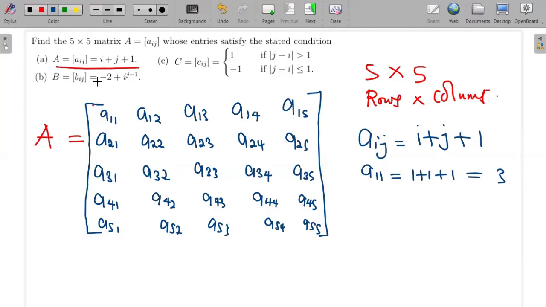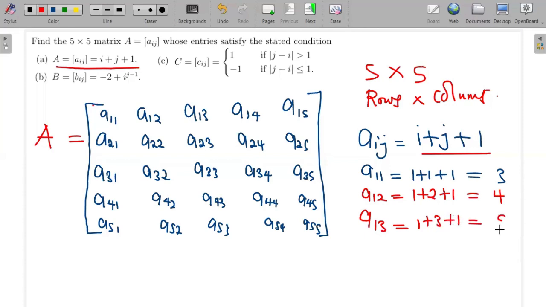And then what will be my A12? Now i is still 1, but j is 2. Using this formula, where there's i I put 1, where there's j I put 2, plus the 1 there. This will be equal to 4. The next one will be A13, which is 1 plus 3 plus 1, equal to 5.